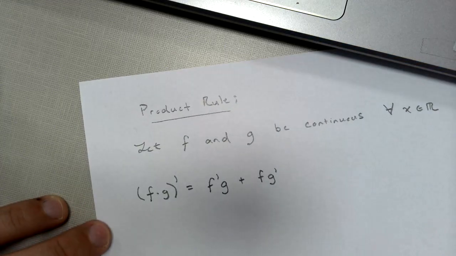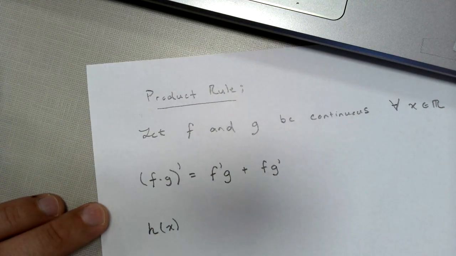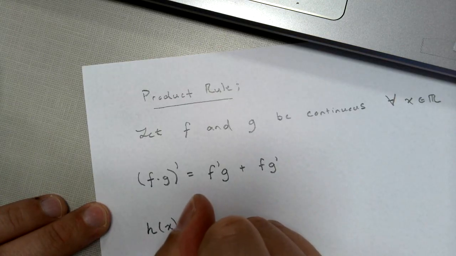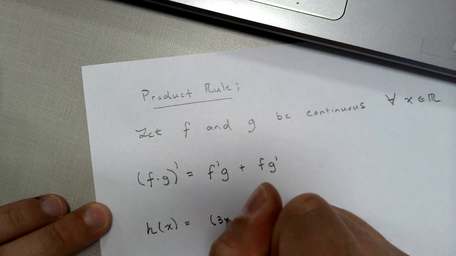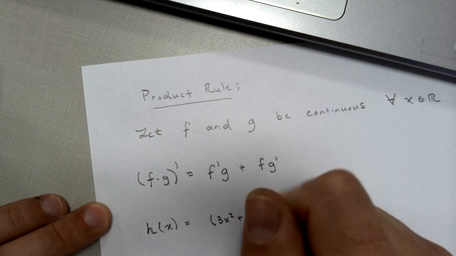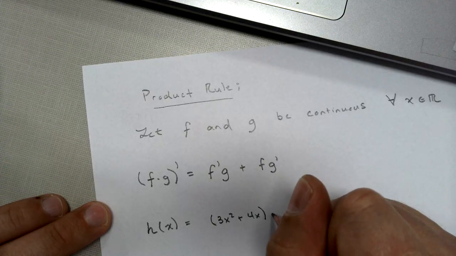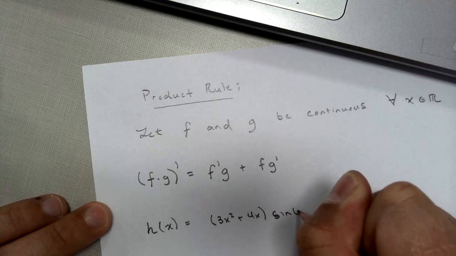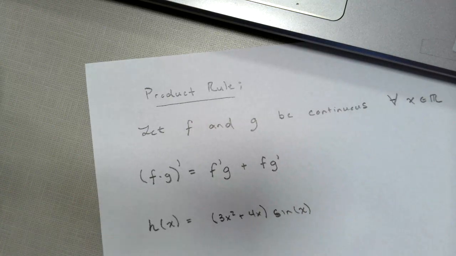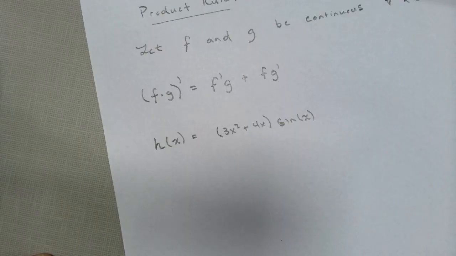So let's look at some function. I'm going to call it h of x. And let's say our h of x is equal to 3x squared plus 4x, and it's being multiplied by, let's do sine of x. Well, here we can separate these two functions, right?